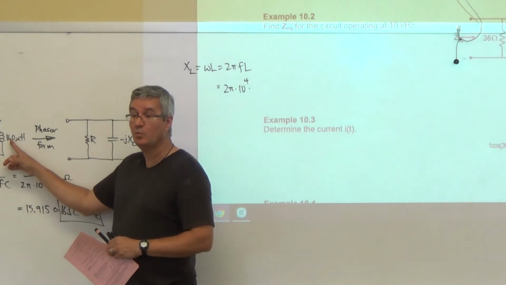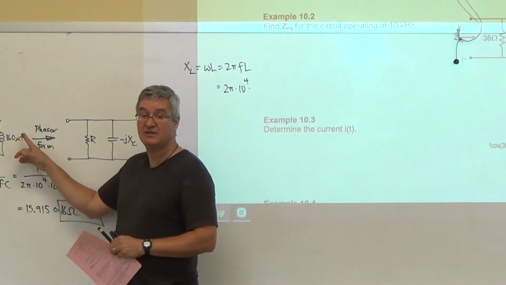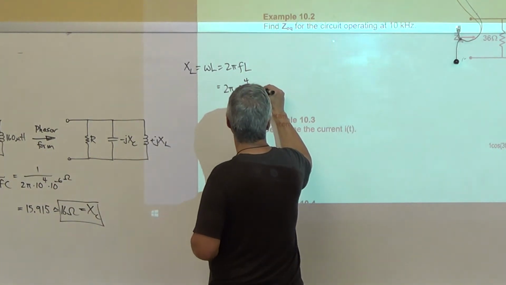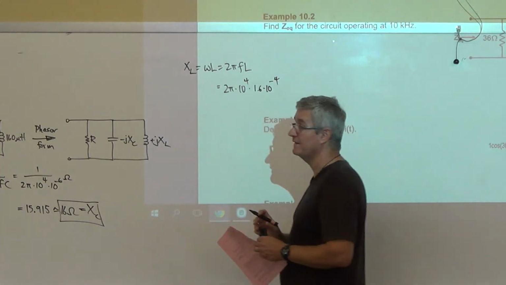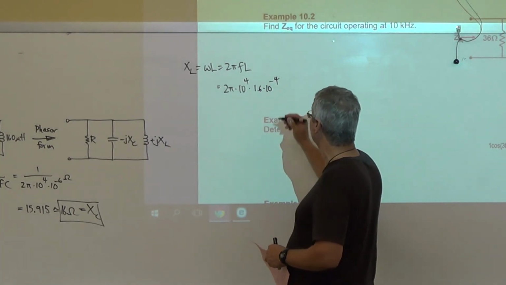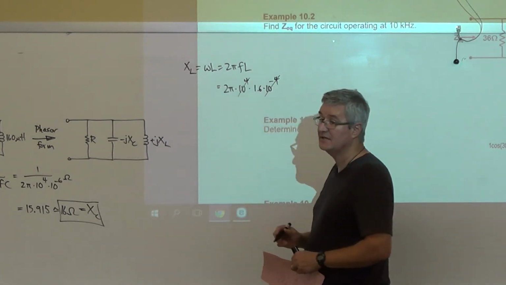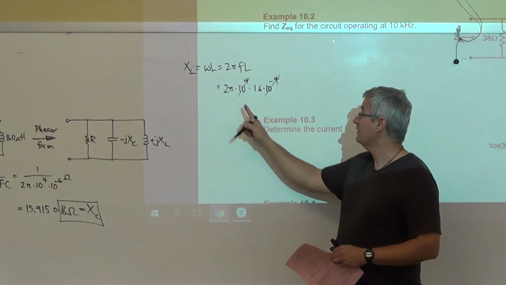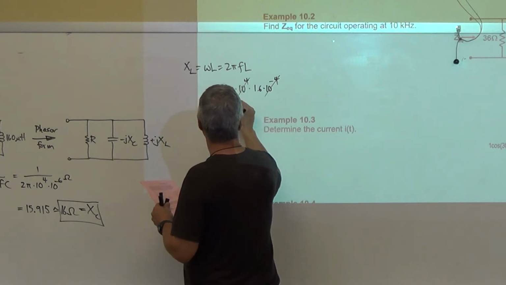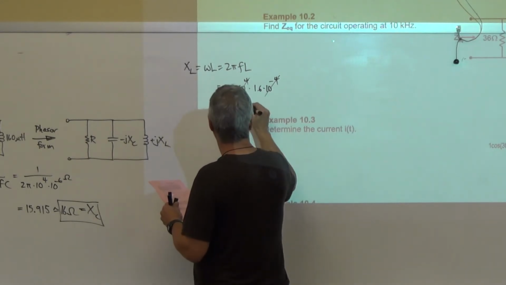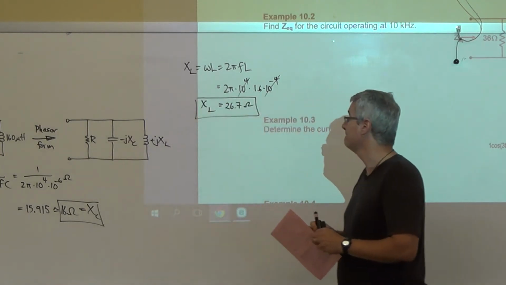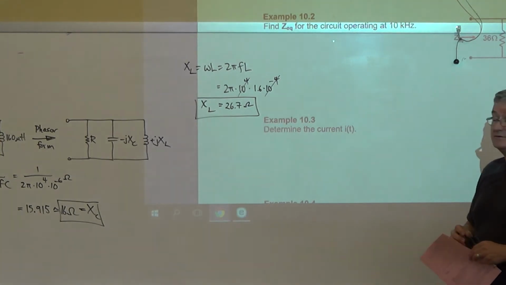So it should be 1.6 times 10 to the negative 4. Right? So I would write this as 1.6 times 10 to the negative 4. Is that right? Okay. Look at the nice feature of doing that: these guys cancel each other out. So in my calculator, I just multiply that, and when I multiply this, I get 26.7 ohms for the inductor.